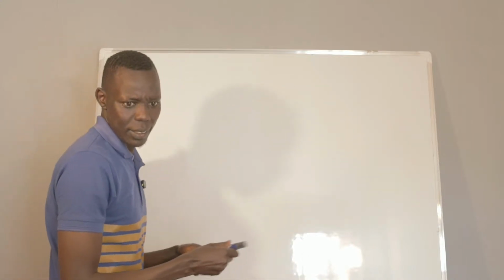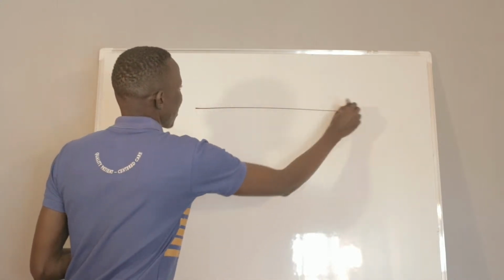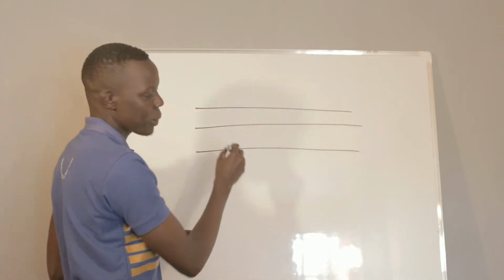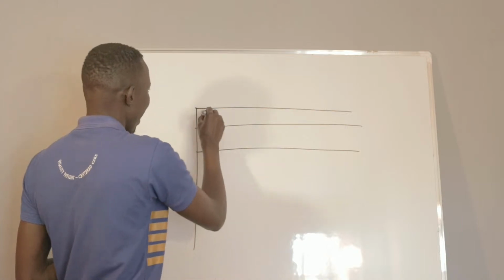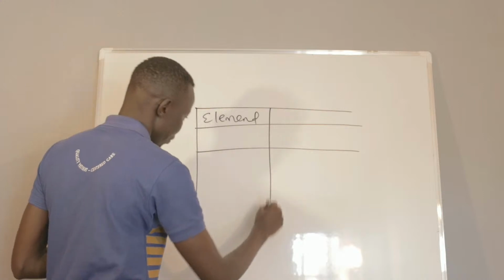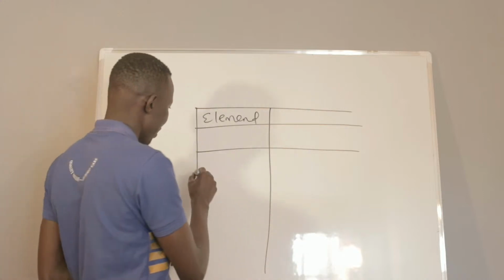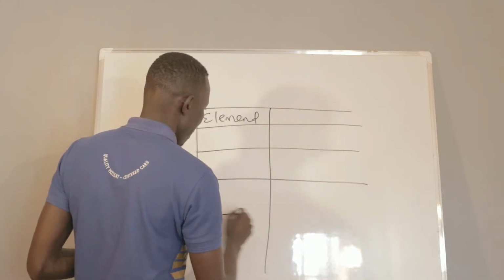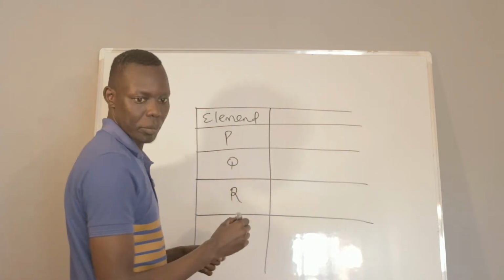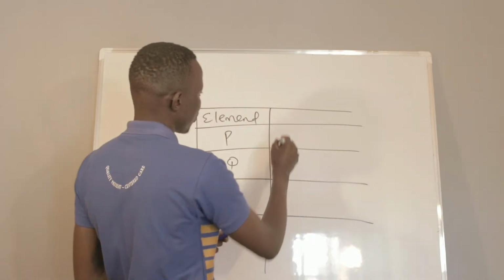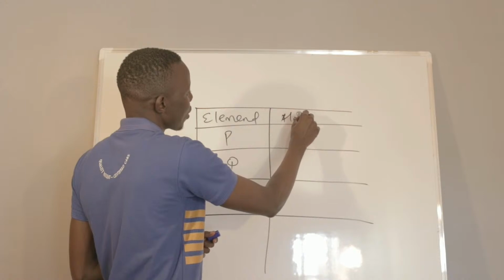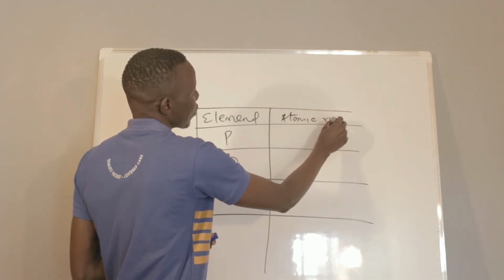Now look at this. I'm drawing a table here. It has two columns. The column of the element, and it only has 3 elements, so it ends here: P, Q, and R. Then this is the atomic size, or atomic radius.